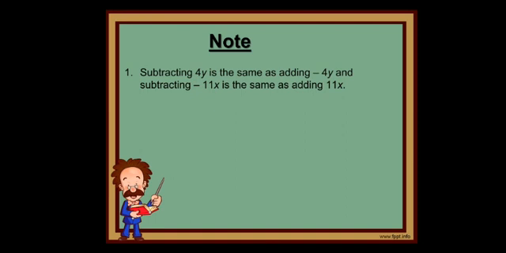Changing the symbol. Right, so here we have minus 11x, so additive inverse of this will be 11x. So subtracting 4y is same as adding the additive inverse of 4y, that is minus 4y. Subtracting minus 11x is same as adding additive inverse 11x.